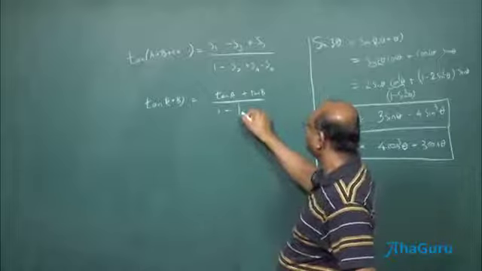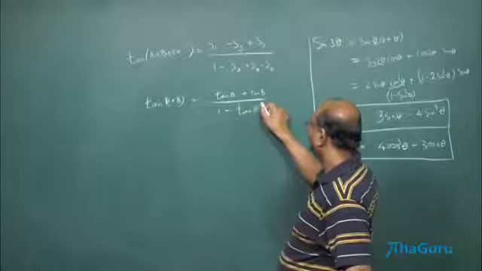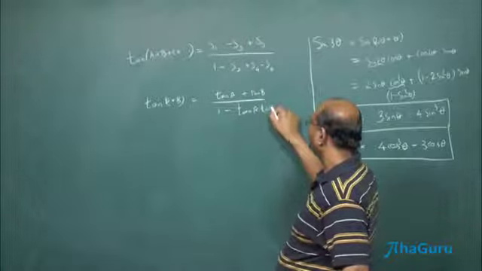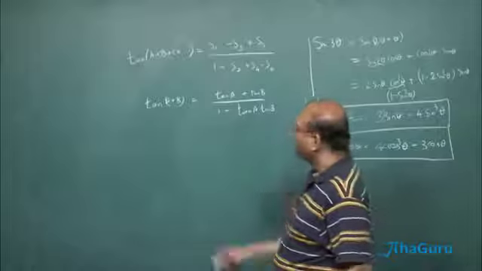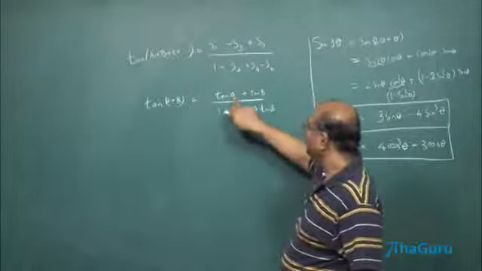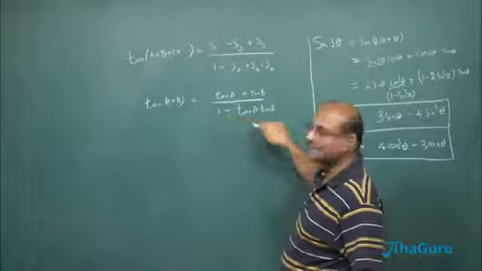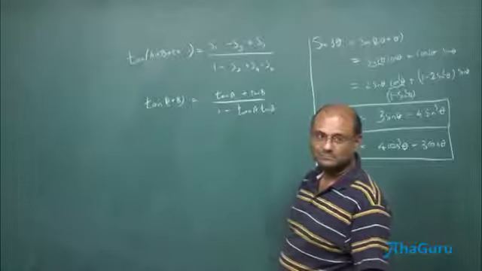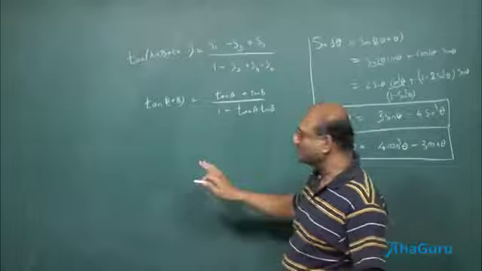But if you have only 2, there is no problem. You will just have tan A tan B. By the way, you can make tan 2 theta out of this by writing A equals B, in which case what will happen? 2 tan theta by 1 minus tan square theta. Correct? So everybody knows this.